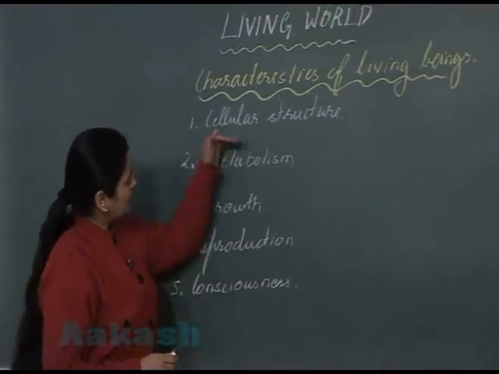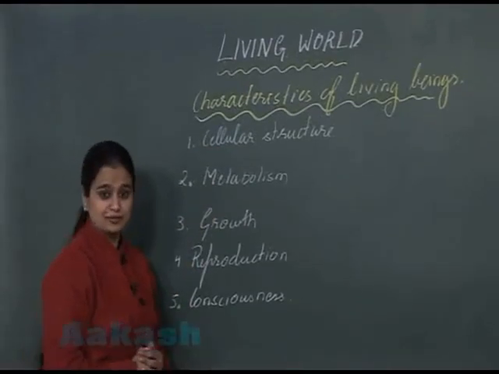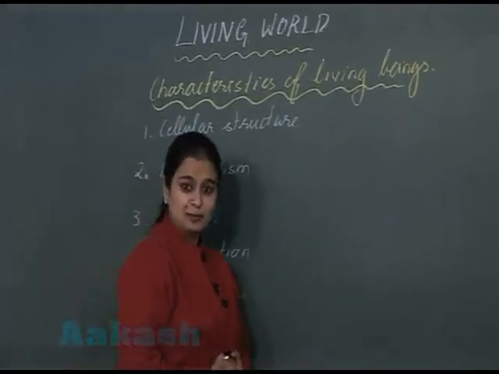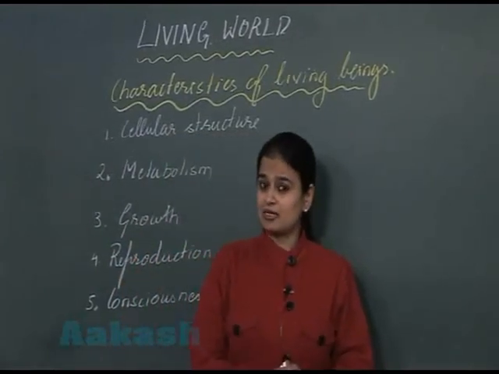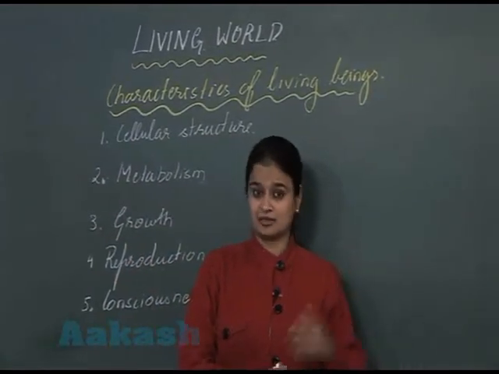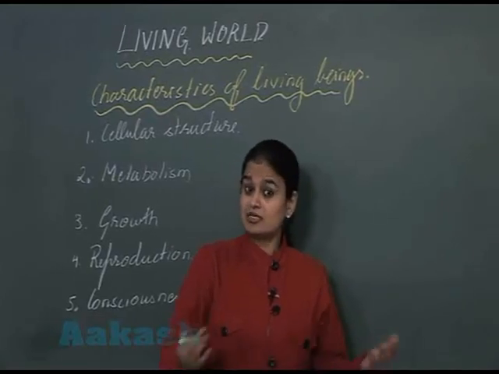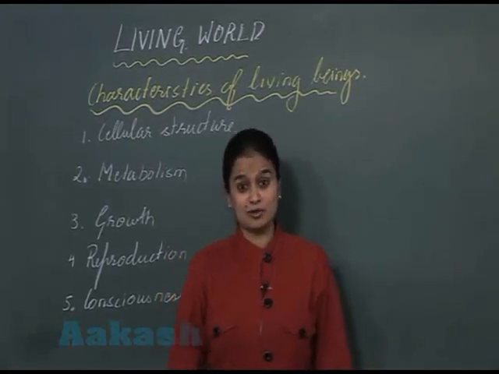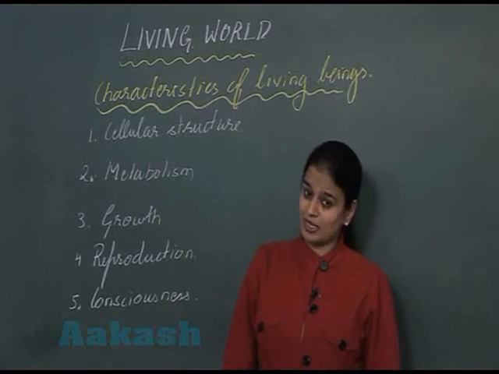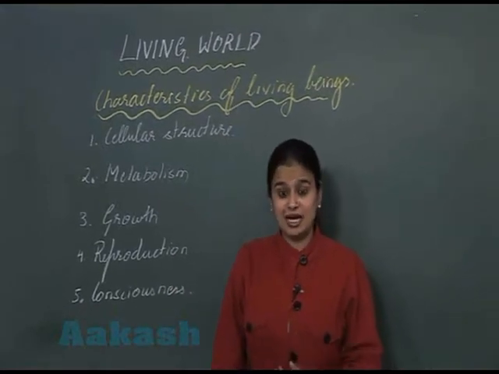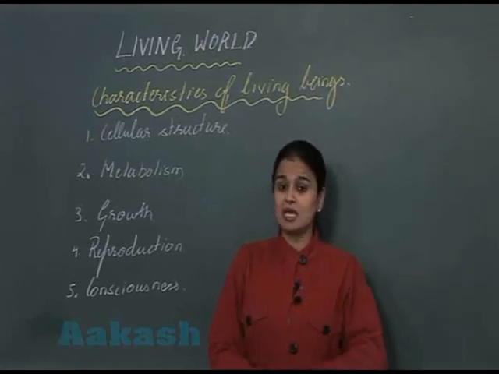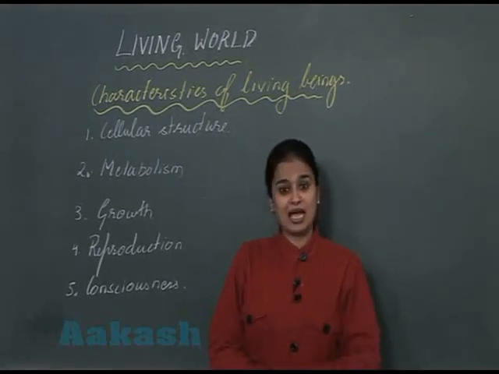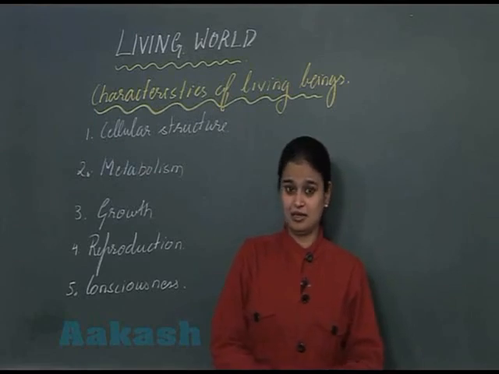Let's start with the cellular structure. You might have studied in the previous classes that the body of all the living organisms is made up of cells. Means the cells are building blocks of the organism, right? Along with that, the activities performed by the organism are the sum total of the activities of its cells.